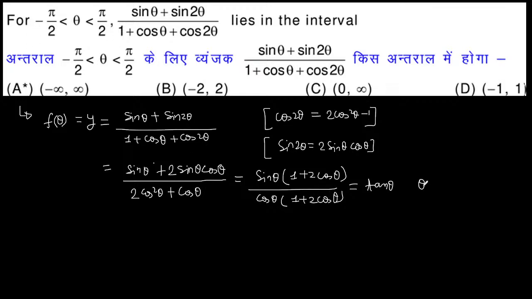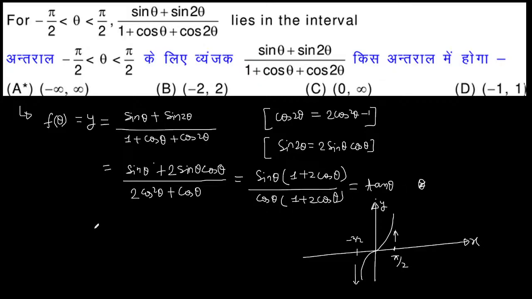Okay, so tan theta, if you see the plot of tan theta, at minus pi by 2 it is going to minus infinity. At pi by 2 it is going to plus infinity.